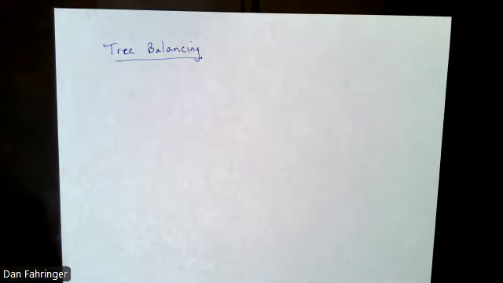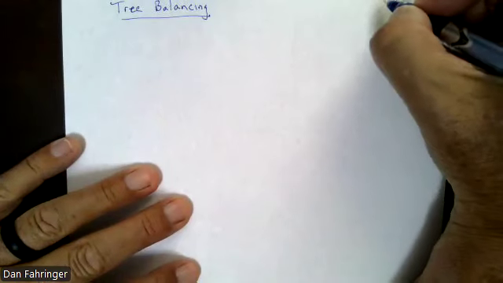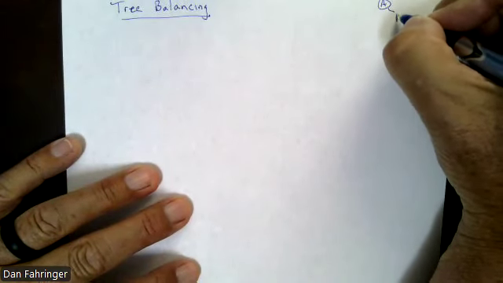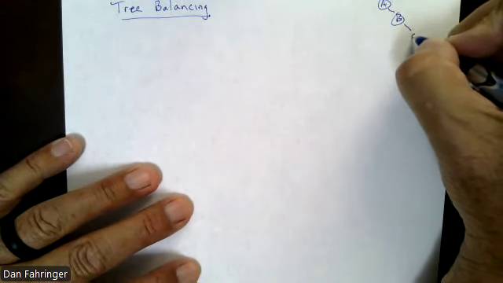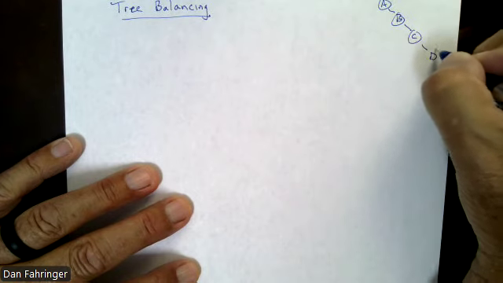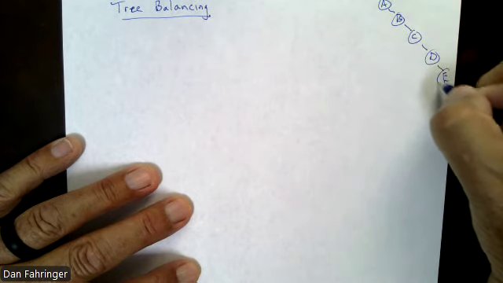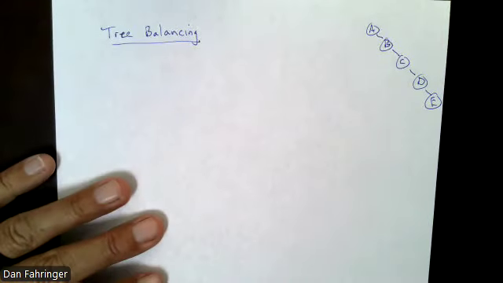Well, if I asked you to build a tree, A, B, C, D, E, F, G, you would say A goes here, B goes here, C goes, oh, this is not a good tree, is it? It just keeps going to the right.